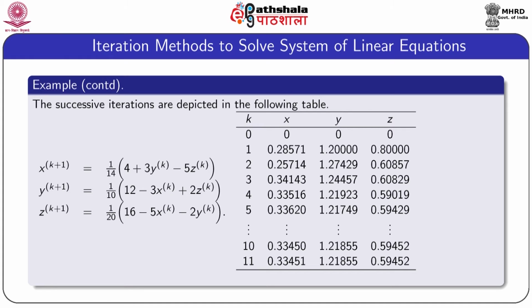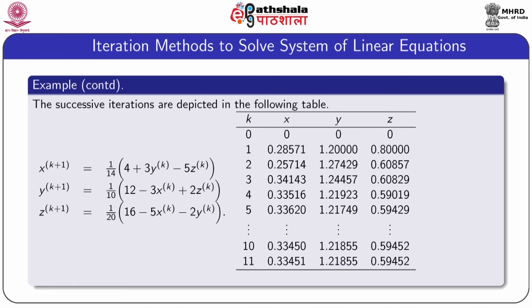The left-hand side represents the iteration scheme, and the right-hand table gives the approximate values at the first iteration, second iteration, up to the 11th iteration. Note that the 10th and 11th iterations, that means the last two rows, are almost the same.